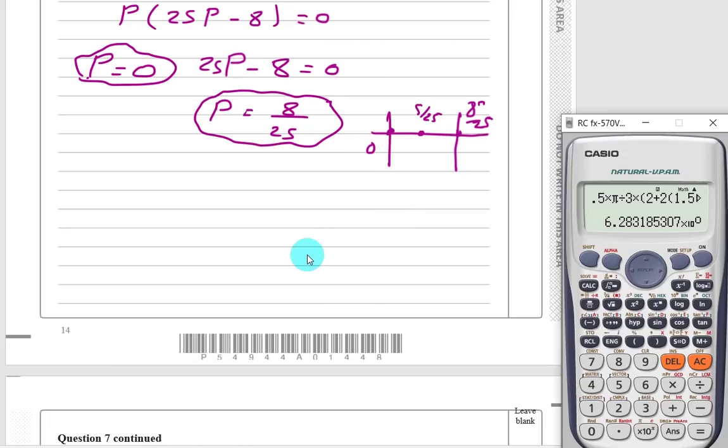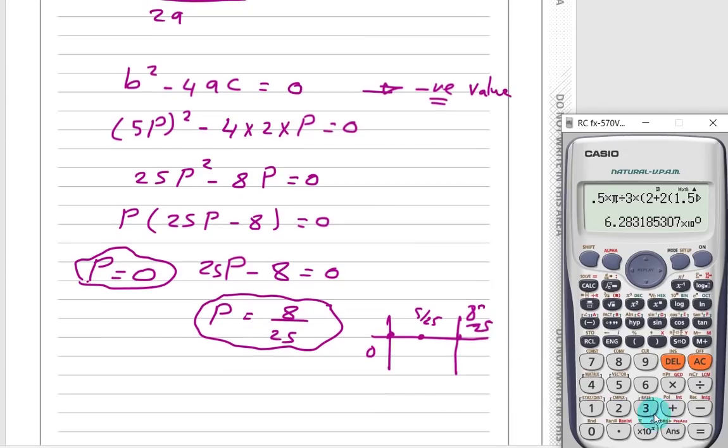25 times 5 divided by 25 is 1 over 5, which is 0.2, so 25 times 0.2 squared minus 8 times 0.2 equals -3 over 5, so negative. So okay here.